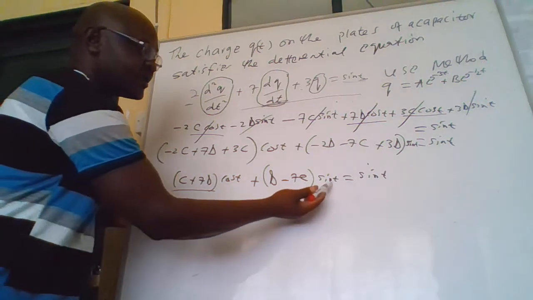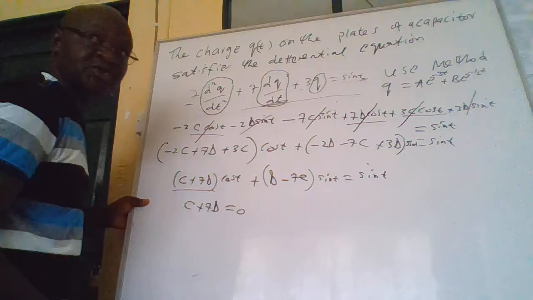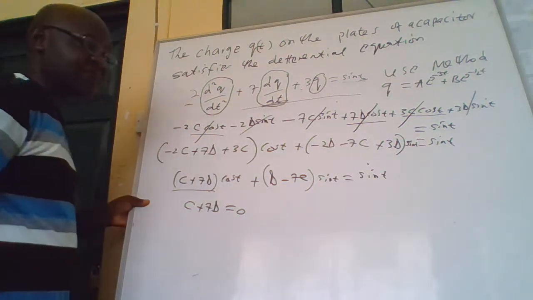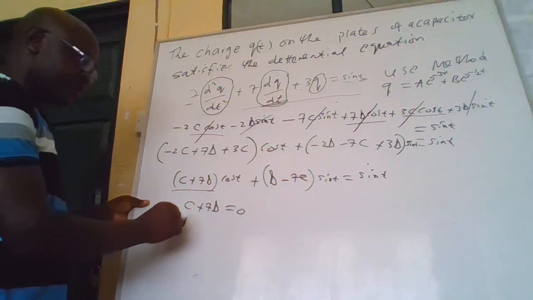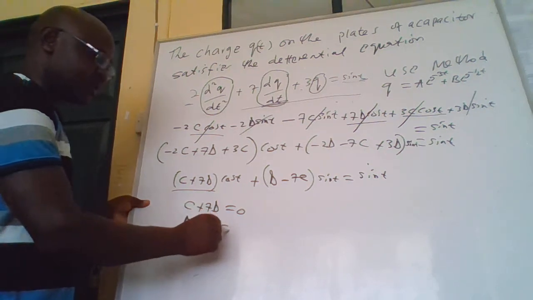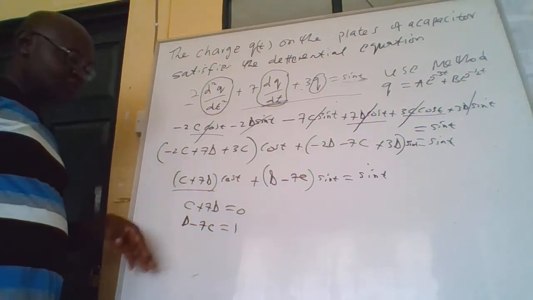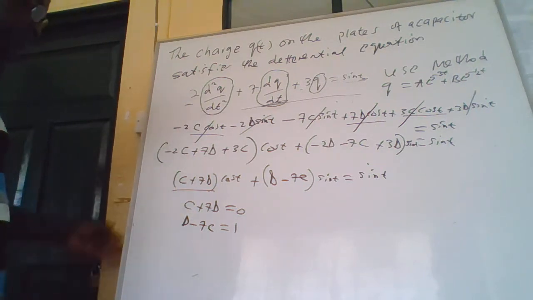And on this side, we have sin t, we have sin t. So the coefficient of sin t on this side is 1. On this side it is d minus 7c. So we have d minus 7c equals 1. So we solve the two equations to get the values of D and C.